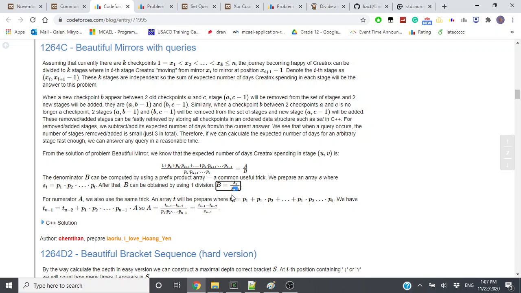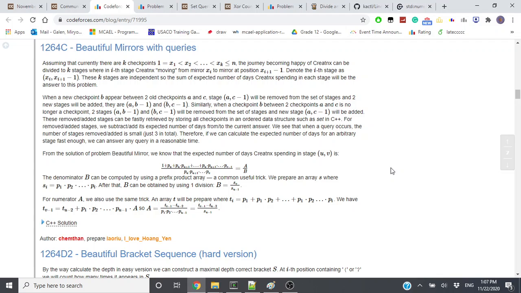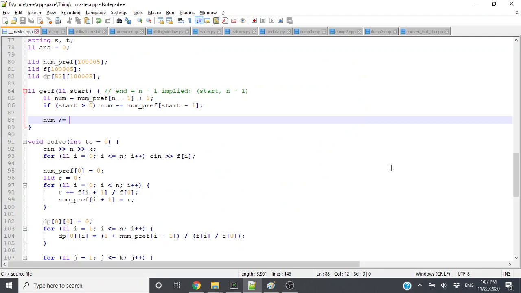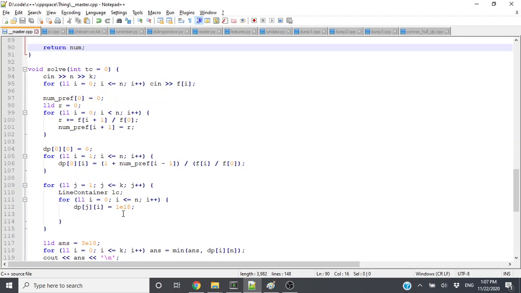So we divide by the prefix of start minus 1 both times, which means we can kind of just not do that. Num divided by equal to, let's see, this would be f of n over f of 0, the probability of the whole thing. And return num. Right.